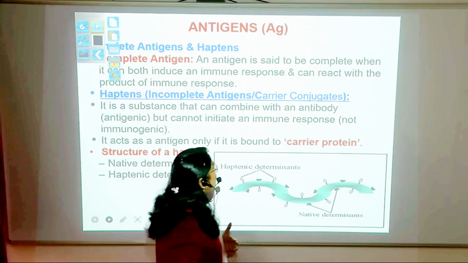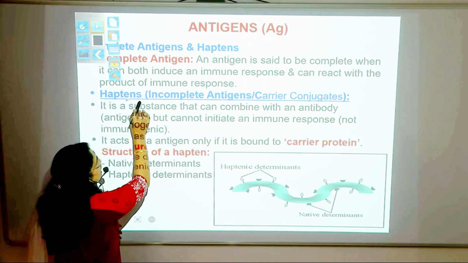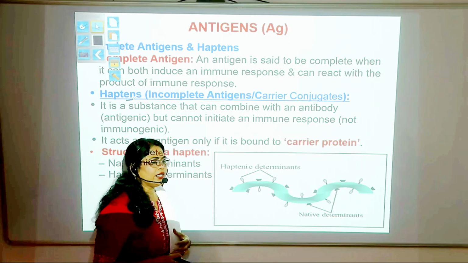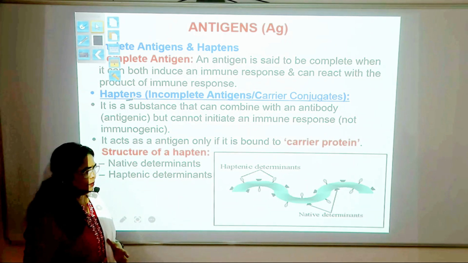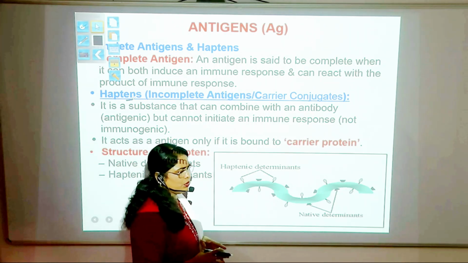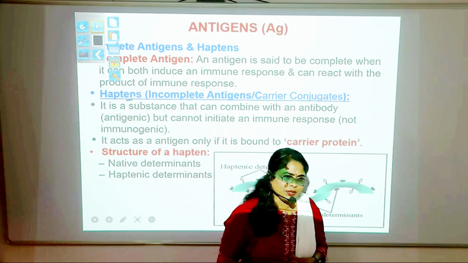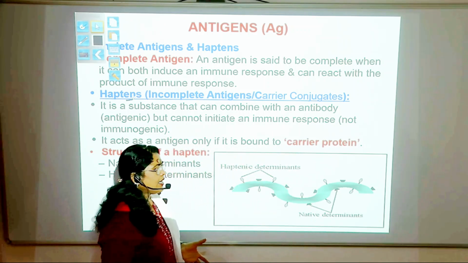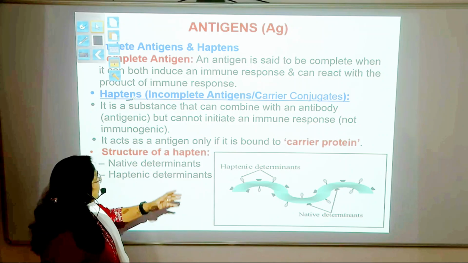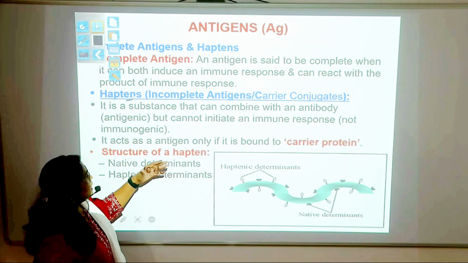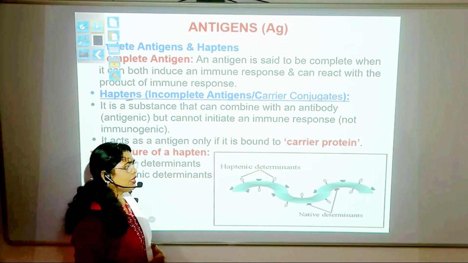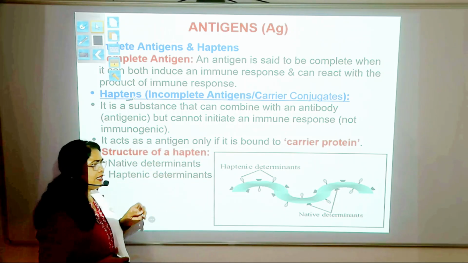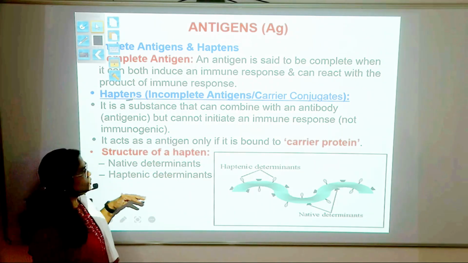But haptens are called incomplete antigens. They are called incomplete because they cannot initiate the immune response. They are not immunogenic. They can bind with the antibodies, but they will not initiate an immune response. Generally these haptens have molecular weight less than 10,000. They act as antigen only if they bind to a carrier protein.